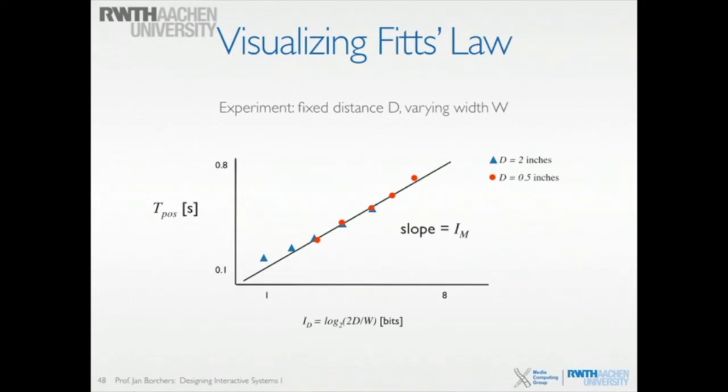So what he observed was that he can roughly place a line in there with the slope of the index of movement, which is the 100 milliseconds per bit. And you can also see it doesn't precisely hit it here, but it was good enough so that he could estimate the time that it would need the pilot to reach a certain button, depending on the width and the distance.